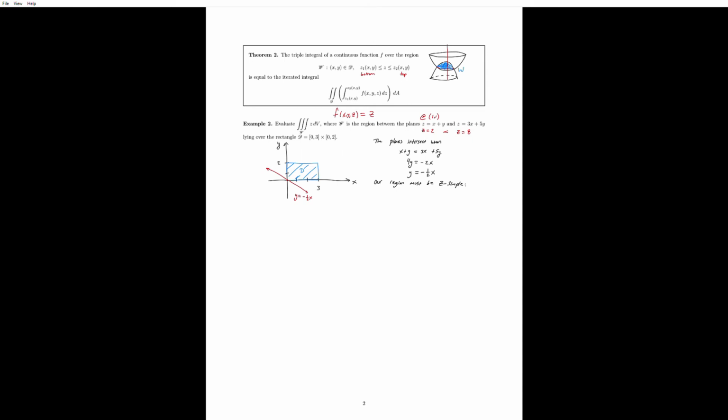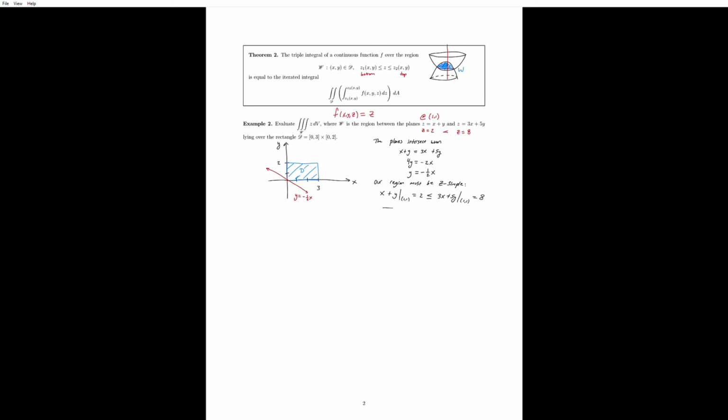So what this tells us, let me write it formally here: x plus y at the point 1, 1 is equal to 2, and that's less than or equal to 3x plus 5y at the point 1, 1, which is 8.